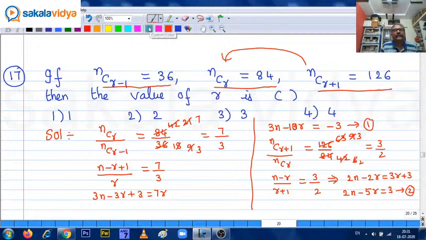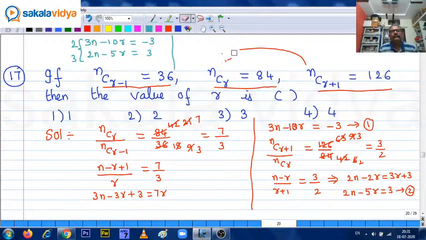So now let us solve here itself. 3n minus 10r equal to minus 3, and 2n minus 5r equal to 3. We need r value only. Let us eliminate n. Multiply with 2, multiply with 3. We get 6n minus 20r equal to minus 6, and 6n minus 15r equal to 9.